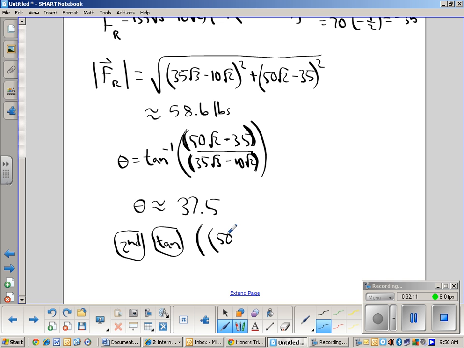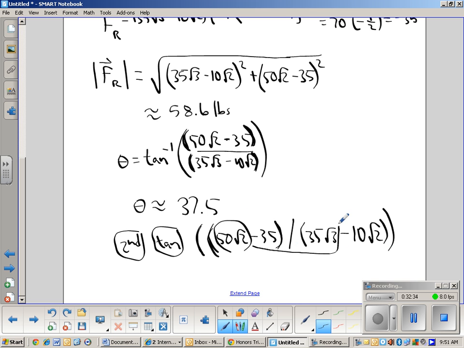We say 50 square root 2 minus 35, divide, and add another parenthesis, 35 square root 3 minus 10 square root 2. We need to make sure that we put these in here, otherwise it's going to take this number and subtract this from it, and then subtract that from the answer. We don't want to do that, okay? All right? So 37.5 degrees is correct.